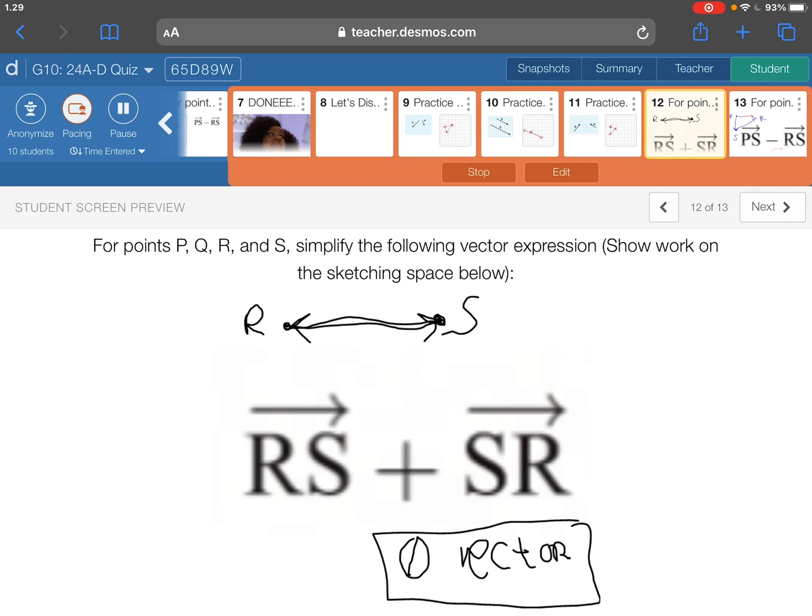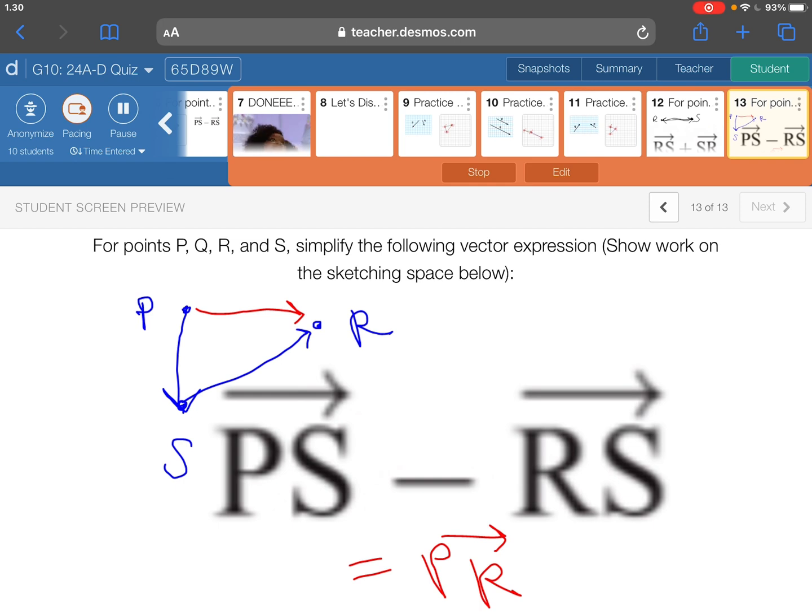Because if you read RS and then SR, that's like backwards, right? So obviously, that means the zero vector, because RS minus RS is 0, right? That's how you would see SR. The vector SR is actually negative RS.